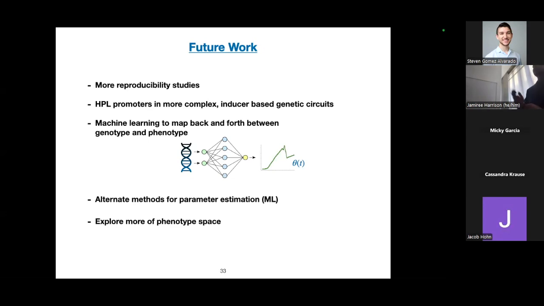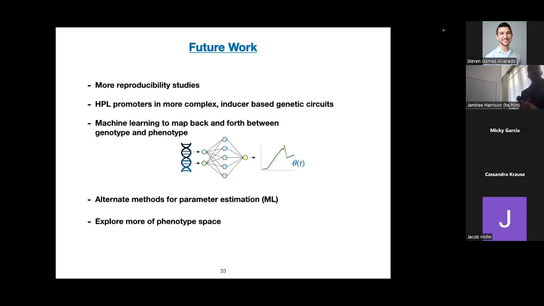Then you can essentially fill out the phenotype space that Professor Bulow was talking about, and you can intuit what sequence you would need in order to produce a certain phenotype. That would imply some type of reliable genotype to phenotype mapping. And we're working on that currently.